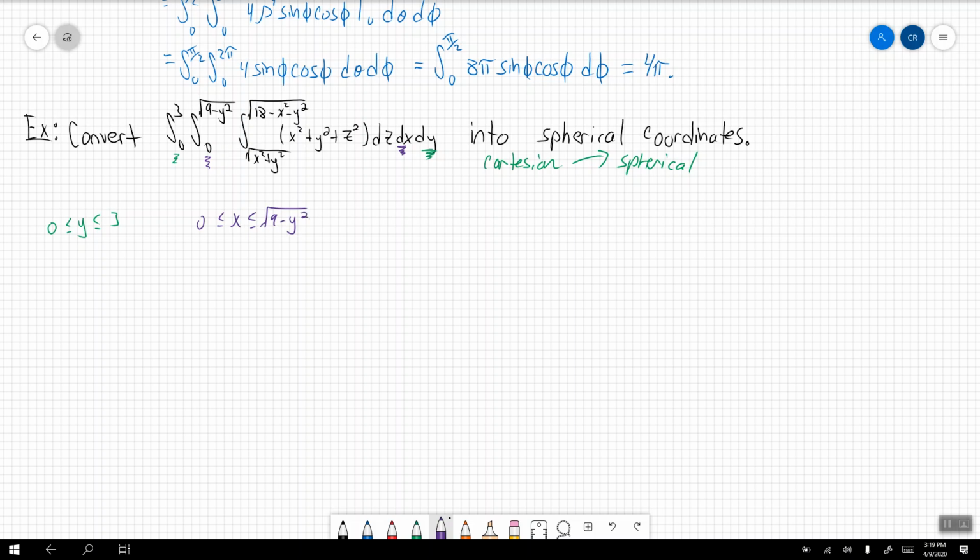And then lastly, I have my z values, which are bounded between the square root of x squared plus y squared and the square root of 18 minus x squared minus y squared.